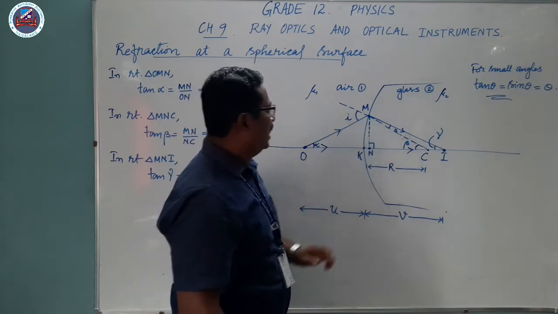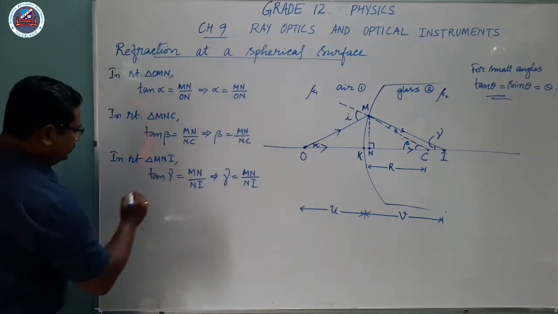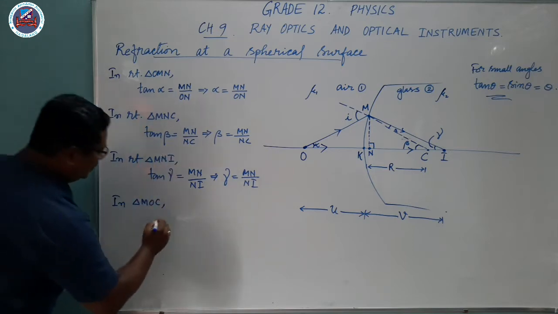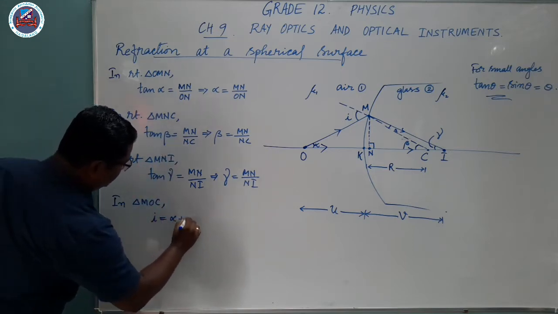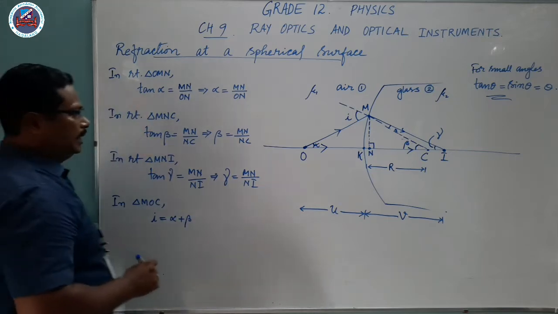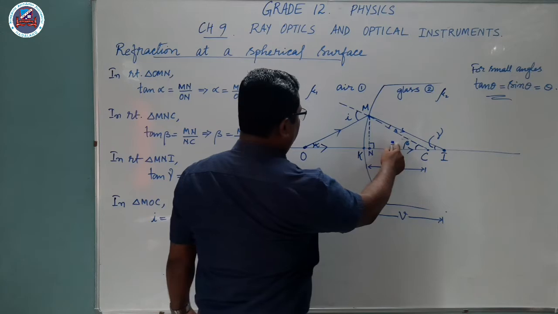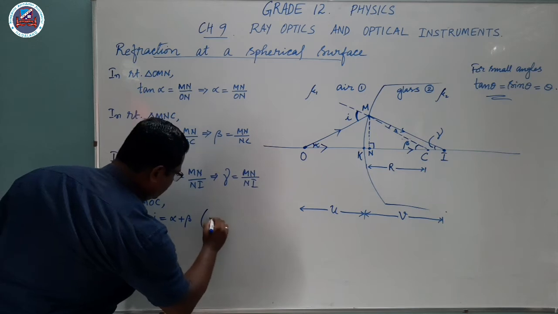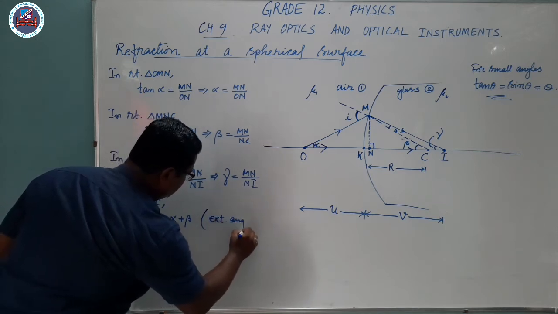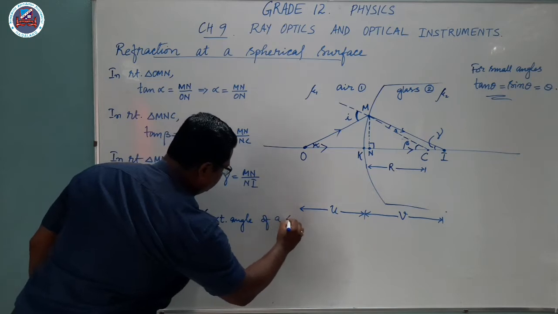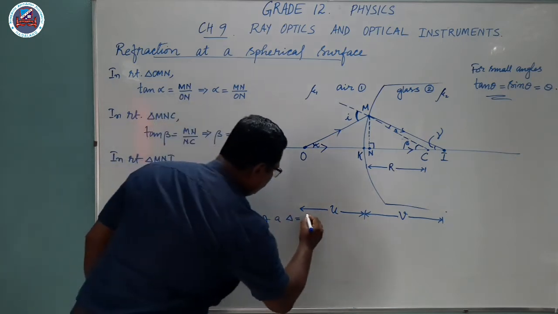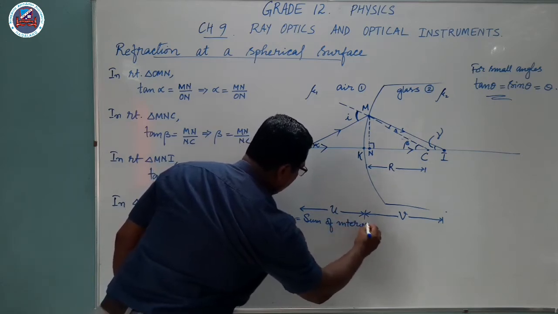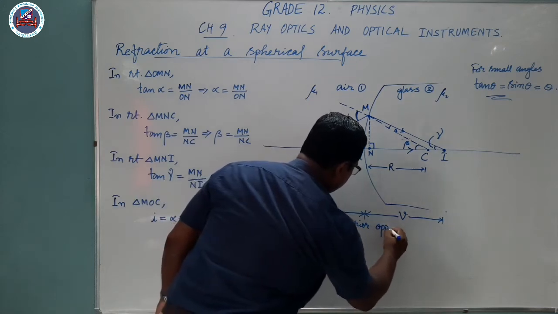In triangle MOC, angle I is equal to alpha plus beta, because I is the exterior angle of triangle MOC. The exterior angle of a triangle is equal to the sum of interior opposite angles.